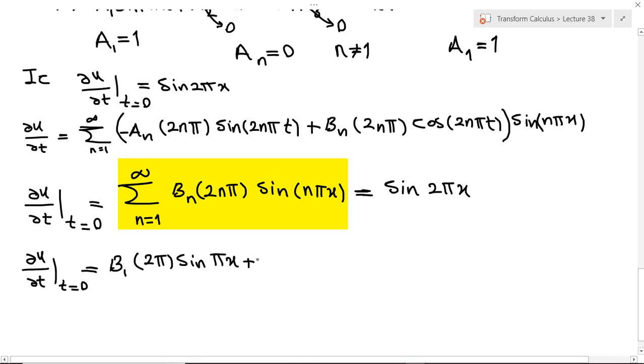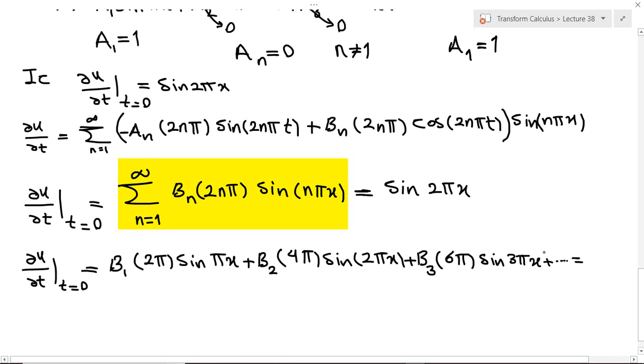If n is equal to 2, we have b2 times 2 times 2, which is 4 pi sine 2 pi x, plus b3 times 2 times 3, which is 6 pi sine 3 pi x, plus and so on. So it should be equal to the second initial condition, which is sine 2 pi x.